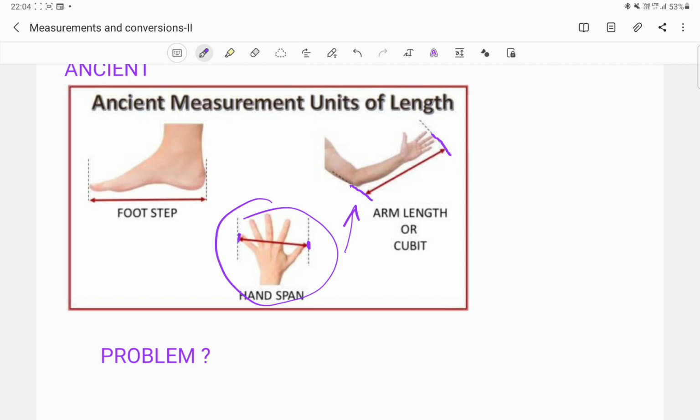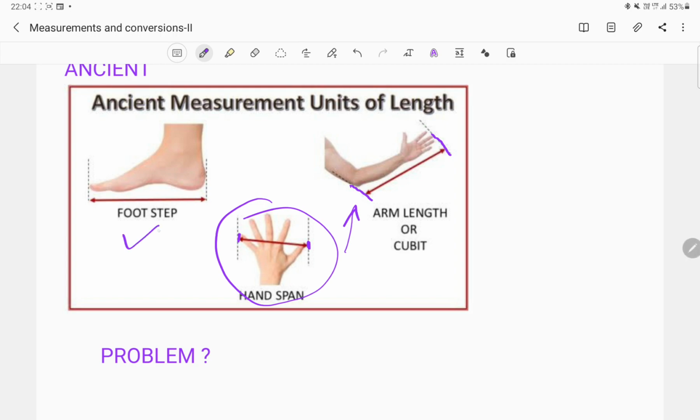Then you can ask your sibling, your brother or sister or your parent, to measure the length of the same side of the room using their hands. If you do that, you will find out that both your measurement and the measurement taken by your parent will be different. Why is it so? Because the size of the hands differ.